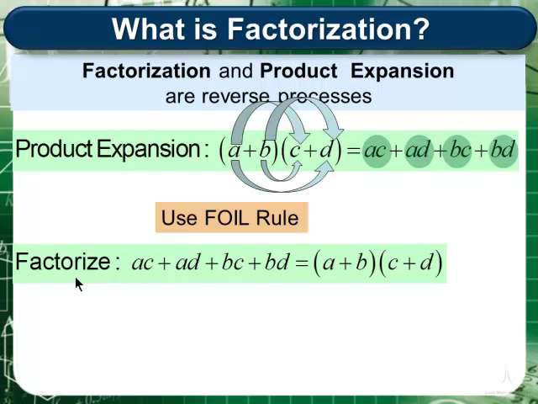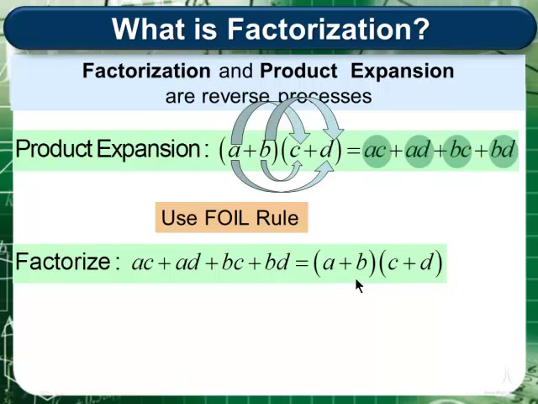So here we are. If we factorize an expression of this type, that is writing the sum of terms, 4 terms in this case, as a product of two expressions, two binomials in this case. So in other words, we're taking a sum of terms and writing it as one single term which consists of a product of factors.